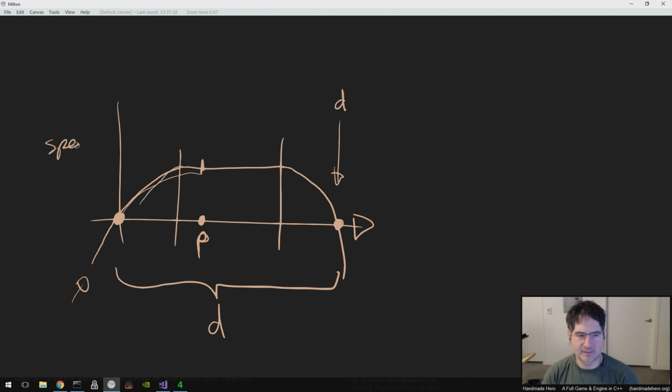It eventually got up to this speed, and what I know is that it will continue to travel at that maximum speed until it gets close enough to the point to decelerate. This is sort of what I'm talking about here. And then when it gets to that point, it will decelerate down, and then we'll be done. Does that make sense? So I want to kind of solve for that behavior.